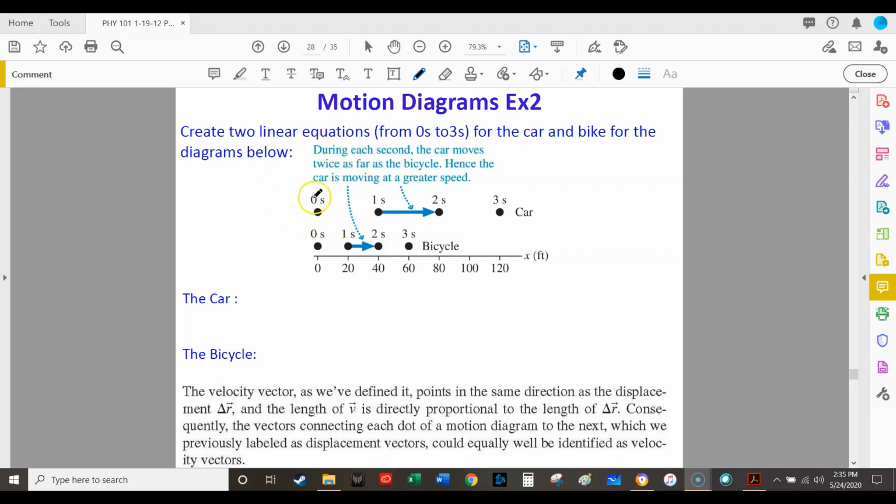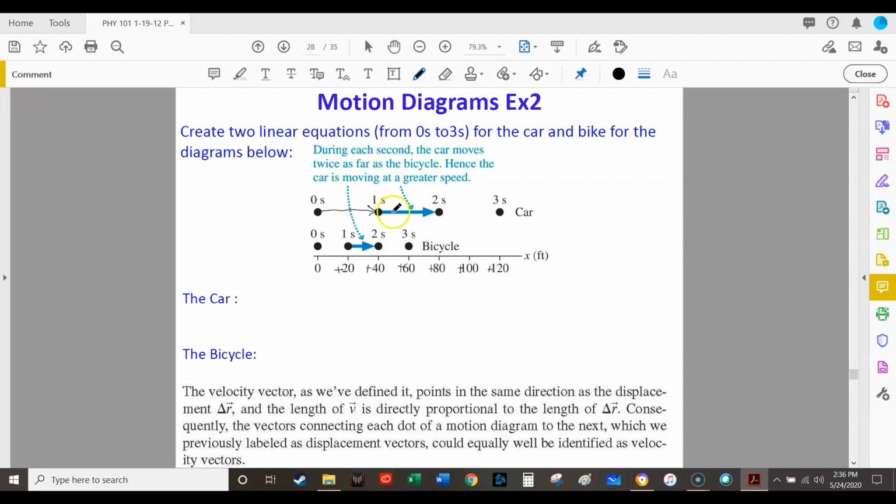Okay, well, if you're looking at this, the car looks like it's moving from the 0-second mark to the 1-second mark, and then from the 1-second mark to the 2-second mark. From 0 seconds to 1 second, it travels from the positions of 0 to positive 40. So these are all the positive positions. It means it's to the right of the origin.